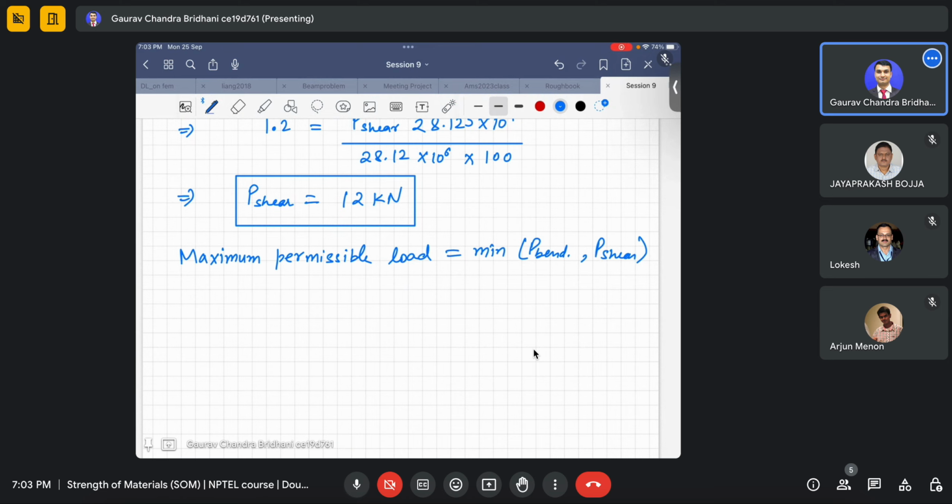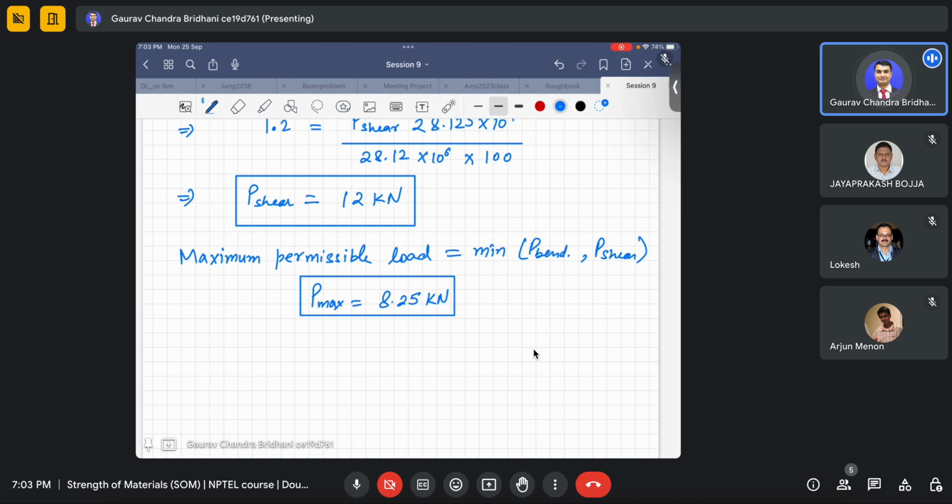So P max will be 8.25 kilonewton. This is how basically we find the allowable or the maximum load, and mostly the same procedure is followed if we design.